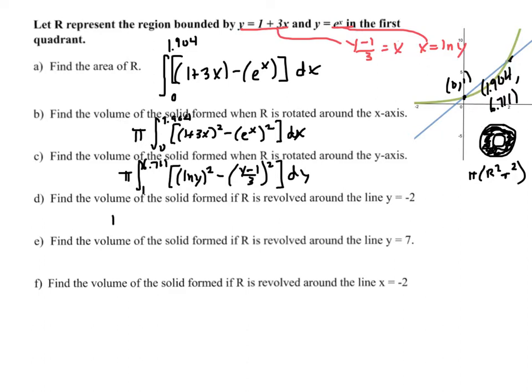So I'm going to have pi. We're back to rotating around a horizontal, so it's going to go back to 0 to 1.904. The big radius is going to be 1 plus 3x plus 2. I know I could simplify it, I just wanted to show that plus 2 at the end. And the other radius would be e to the x plus 2.